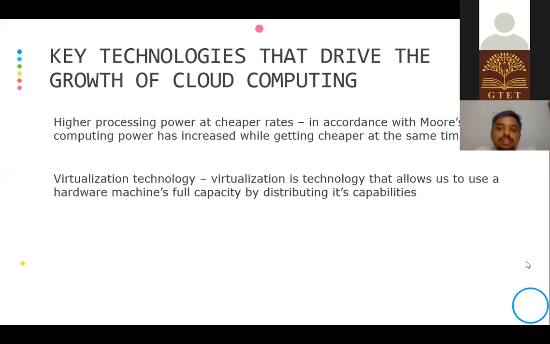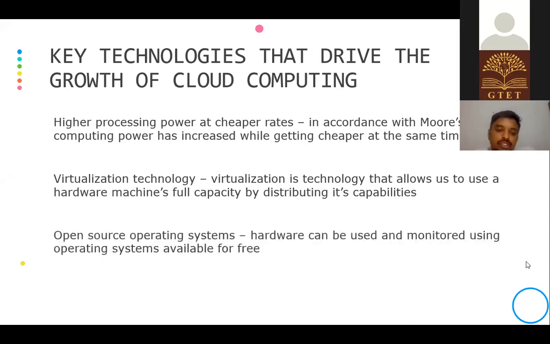I will talk more about this in the coming slides. The key thing to understand here is that virtualization technology enables users to access the same hardware from multiple devices, right?